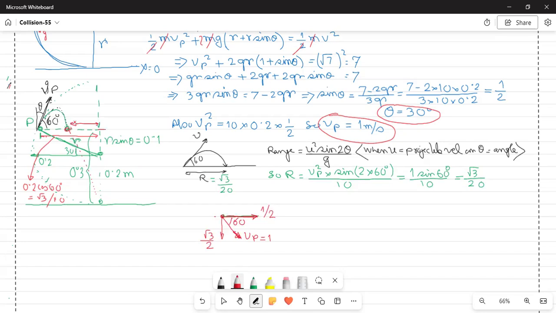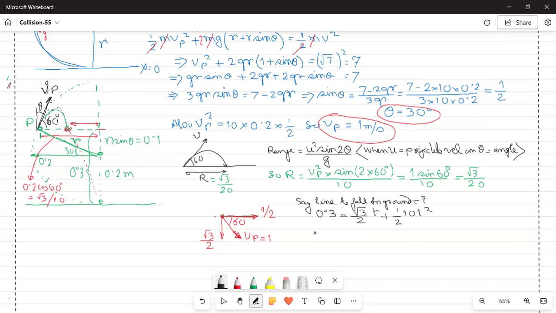Now let us say time to fall to ground is equal to T. So from the kinematic equation, this distance is 0.3 meter. 0.3 meter is equal to its initial velocity, root 3 by 2, into T, plus half g, g is 10, into T square.